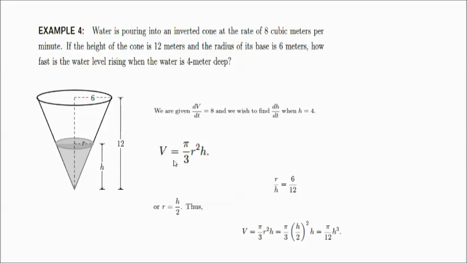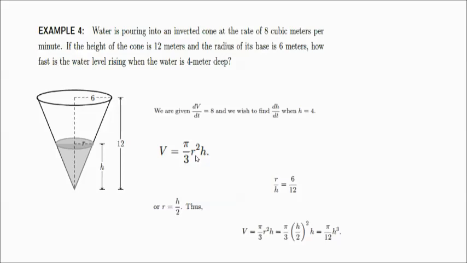Ngayon, class, gagamitin natin yung equation for the volume. Specifically, class, this is the volume of a cone. So it doesn't matter kung inverted siya. So yung formula for the volume of a cone is given by pi over 3 r square height. Okay? And then, take note, class, kinukuha natin yung dh over dt, di ba?